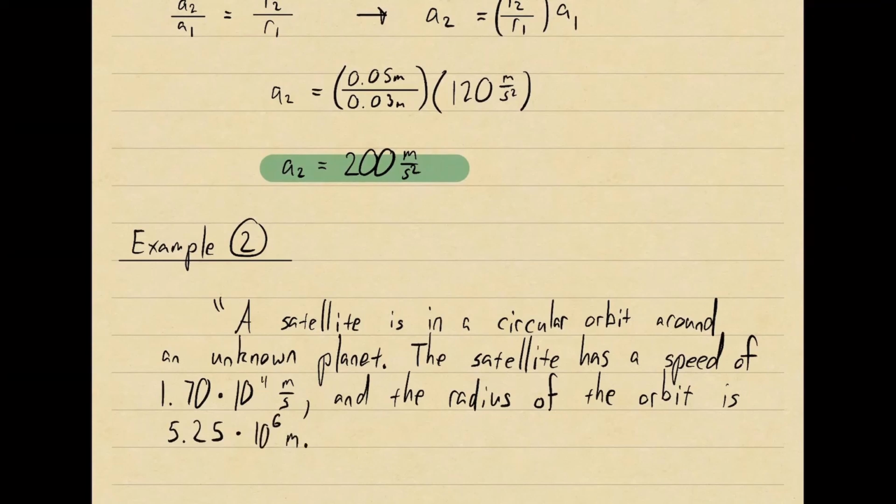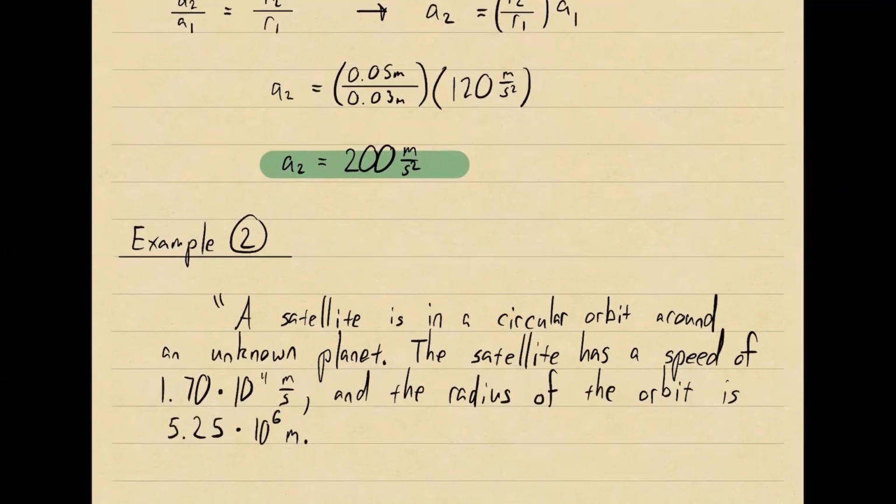So the problem goes on to say that a second satellite also has a circular orbit around the same planet.